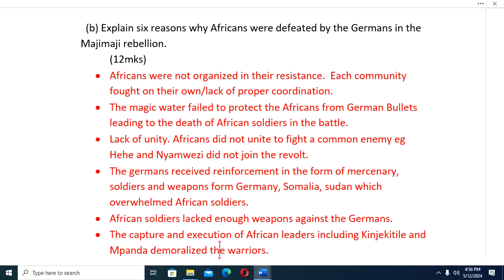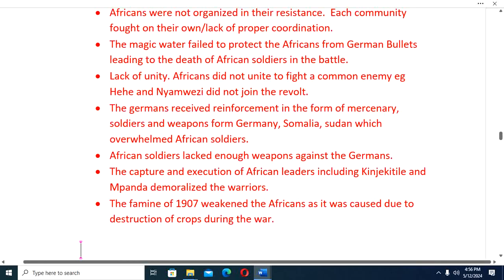Each community fought on their own. Lack of proper coordination. Number 2, the magic water failed to protect the Africans from German bullets, leading to the death of African soldiers in the battle.